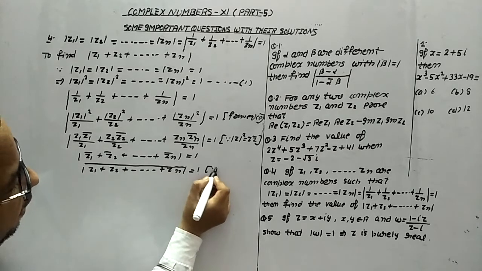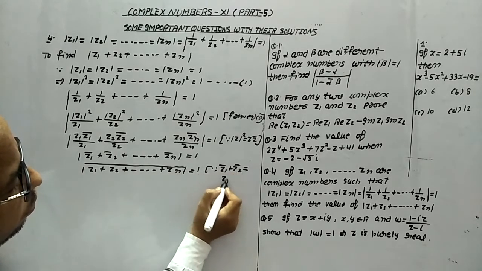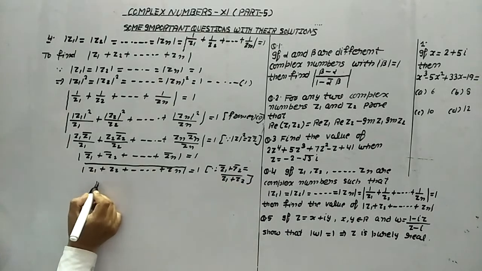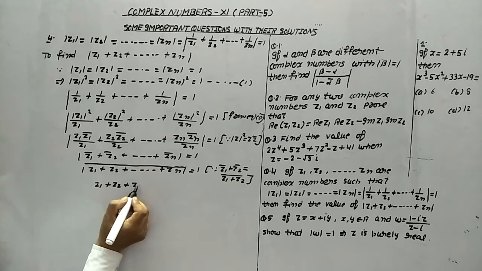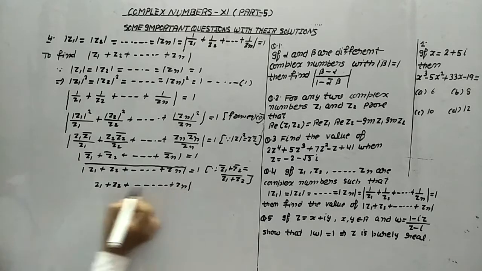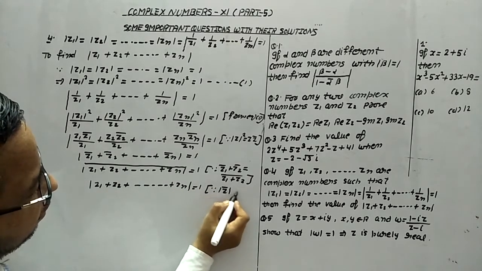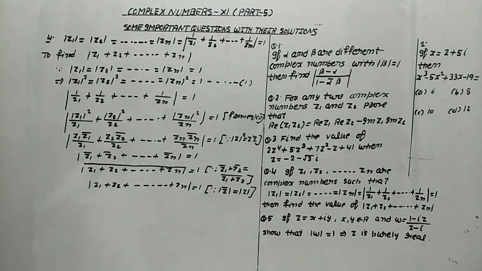Because this is the property, as we know, that z1 bar plus z2 bar is equal to (z1 plus z2) whole bar. Now this is equal to z1 plus z2 plus z3 and so on plus zn is equal to 1 only. Reason? Because modulus of z bar is equal to modulus of z only. So this is the way to do this part.